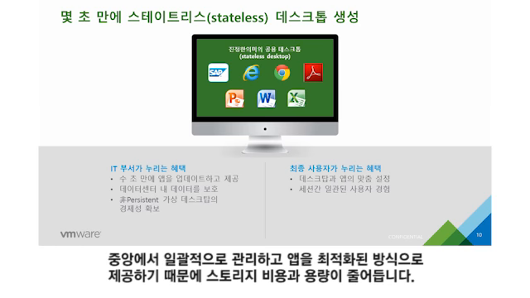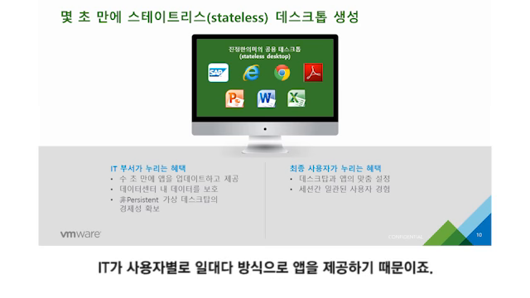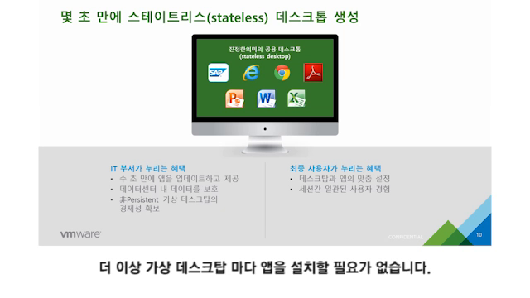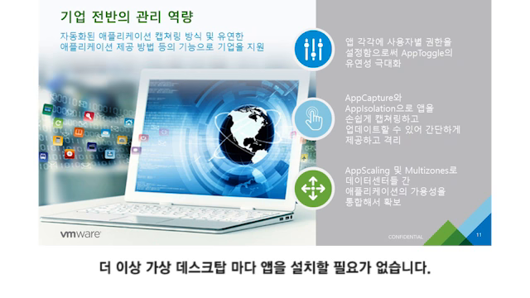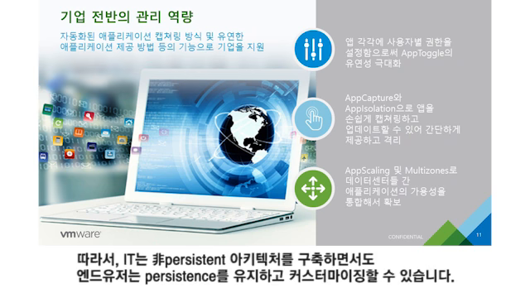Through centralized management and optimized application delivery, storage costs and capacity are lowered because IT can deliver one-to-many applications per user. Applications don't need to be installed on every virtual desktop anymore. So IT can design a non-persistent architecture while giving their end users a persistent and customizable experience.